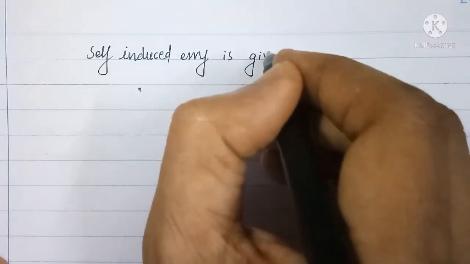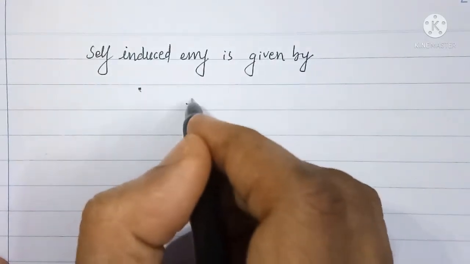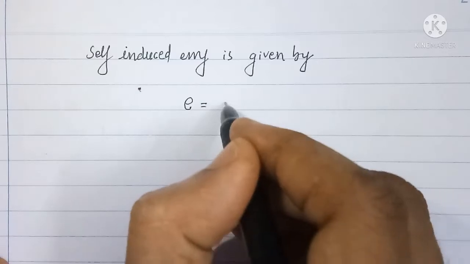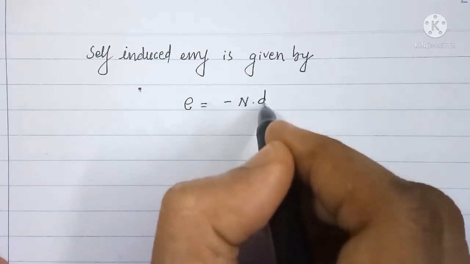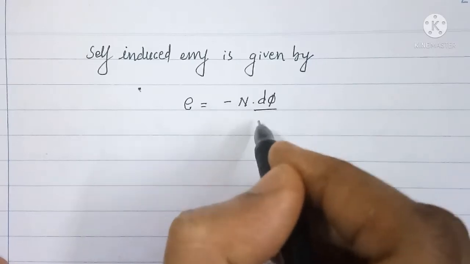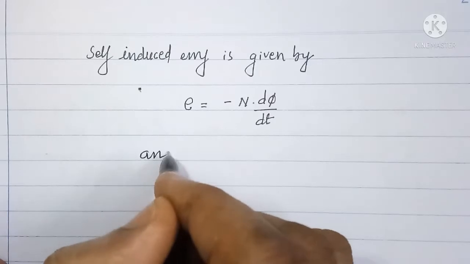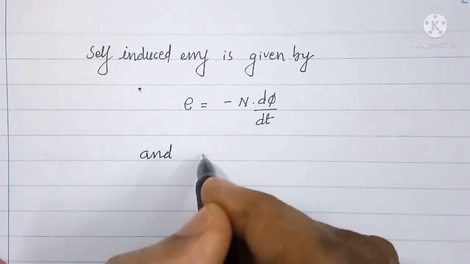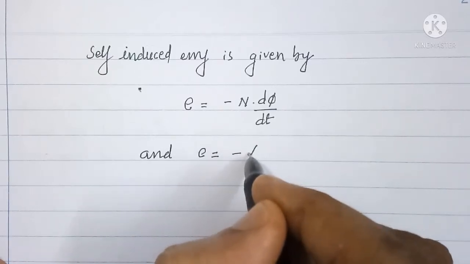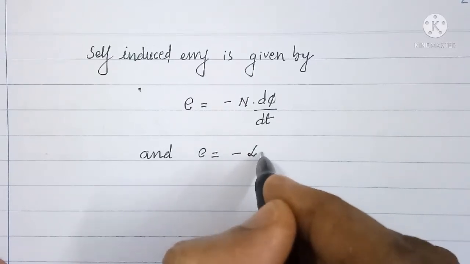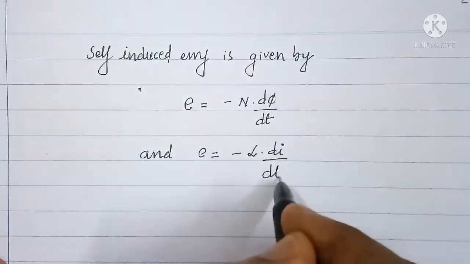Self-induced EMF is given by E equal to minus N into d phi by dt, and it is also given by E is equal to minus L into di by dt.